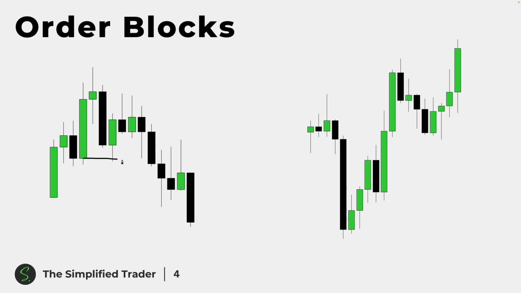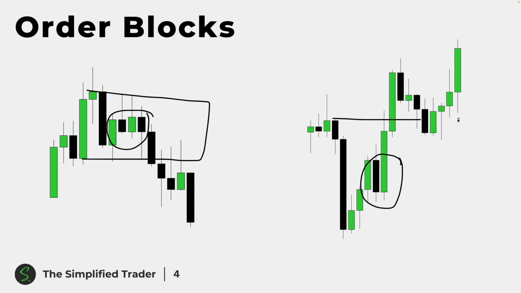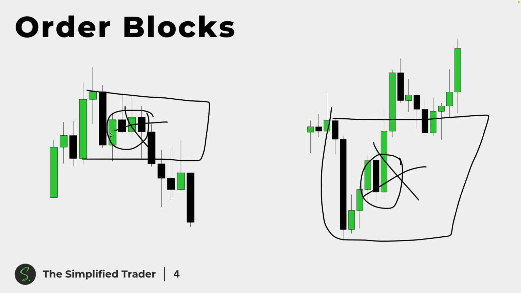Here we can see as soon as we trade into the opening price of this range, we reject it and we trade lower. Those are the order blocks. I don't want you to focus on these candles that is within the higher, bigger order block range. That doesn't matter to me.